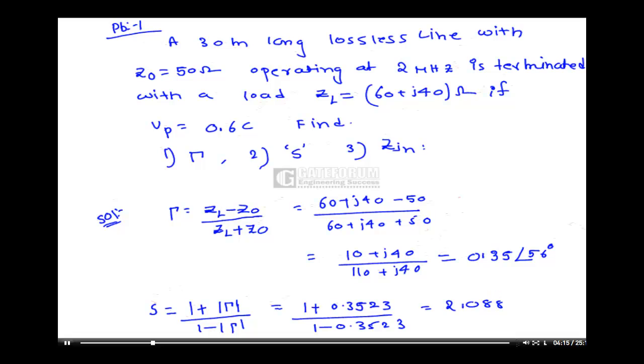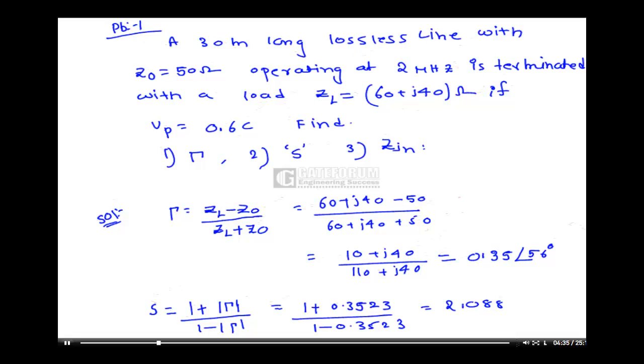Third one is input impedance, Zin. We know the general formula, because here the load is given as a complex value, so we have to use the general formula. Of course, consider here it is given as a lossless line.